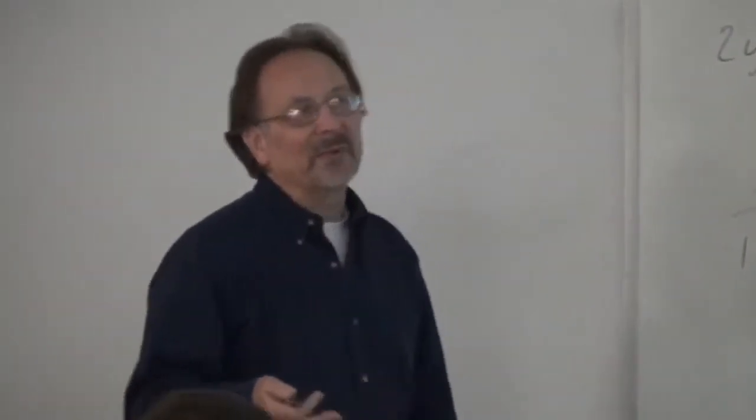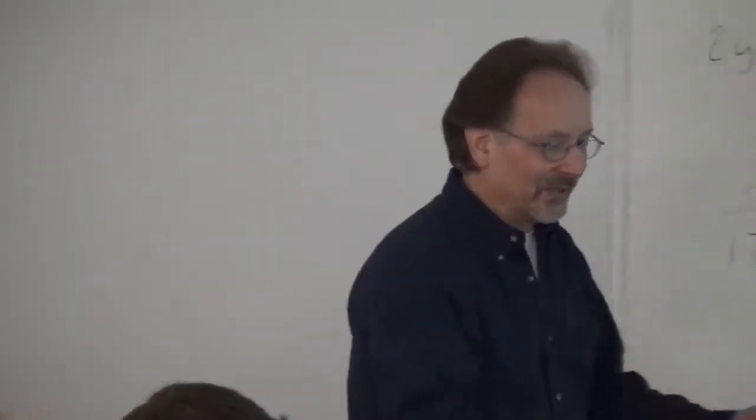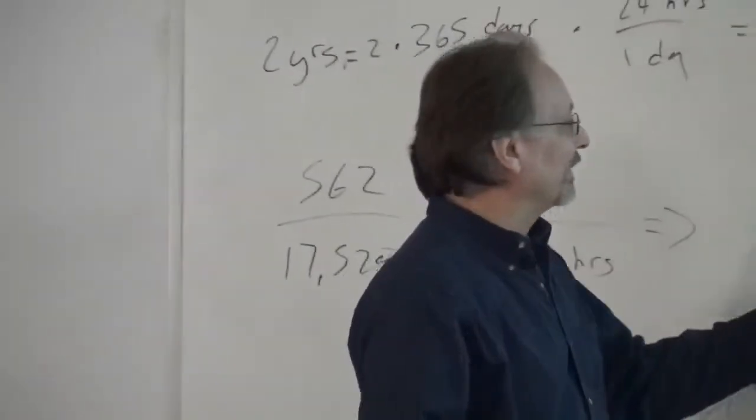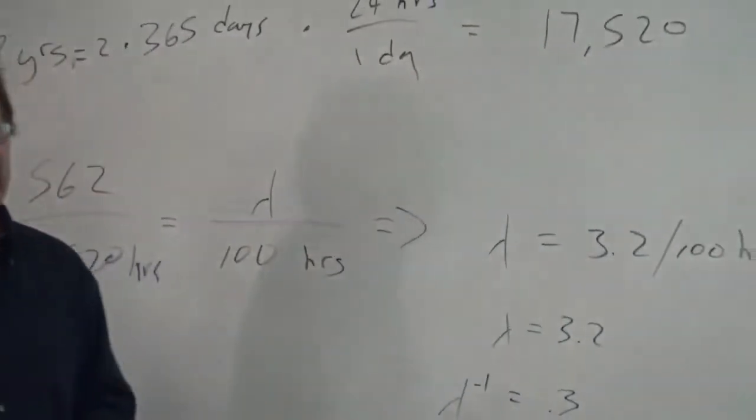That's not very good, but let's just say that that's what we're interested in. Because I can put these machines into operation and measure the failure rate ad nauseam. So let's say I put resistors in, and the resistors fail 3.2 times every 100 hours.